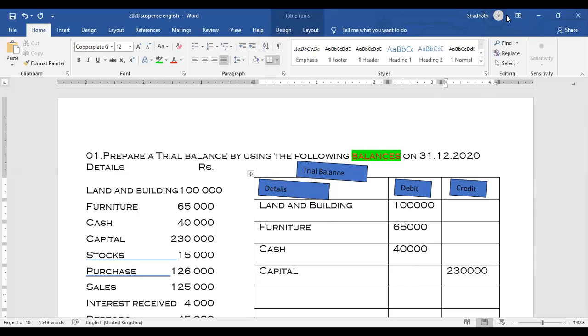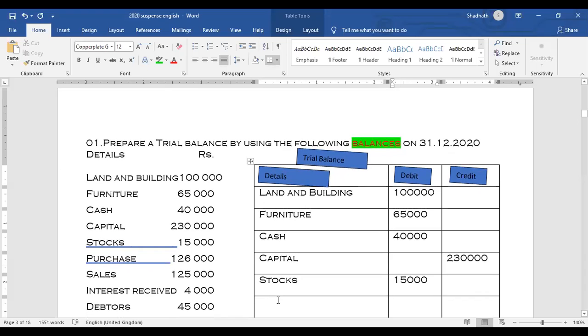Most of you correct, some are wrong. Capital is an equity, not asset. Stocks, asset. Stocks mean goods available in the shop for sale, 15,000, asset.